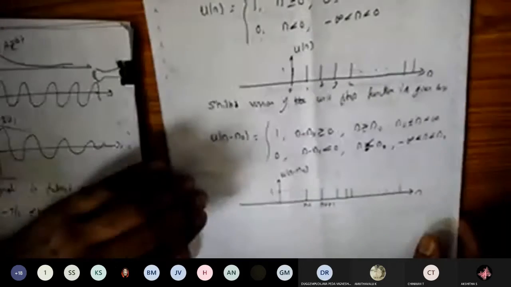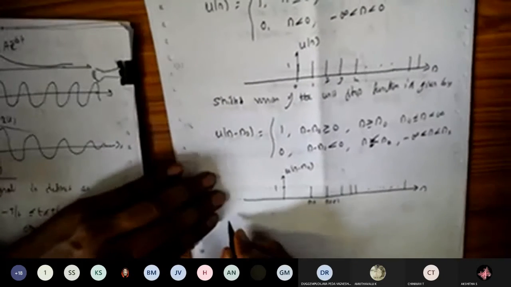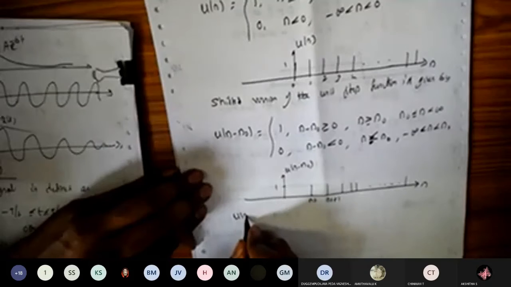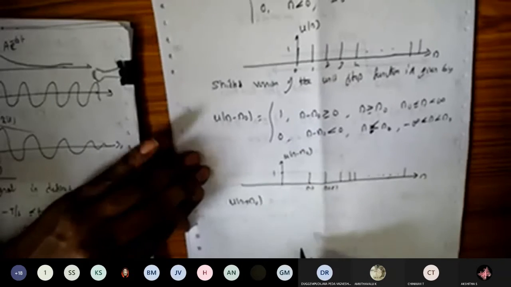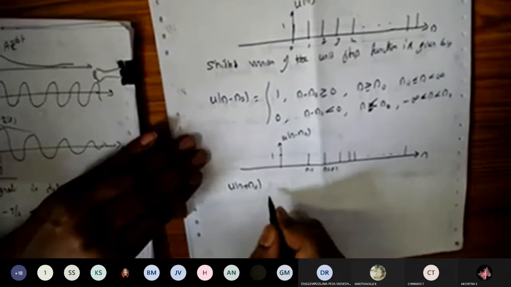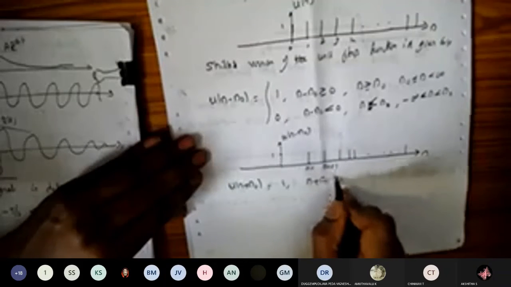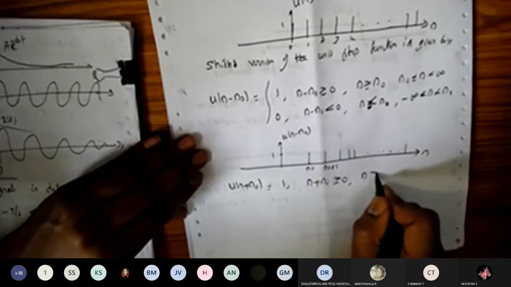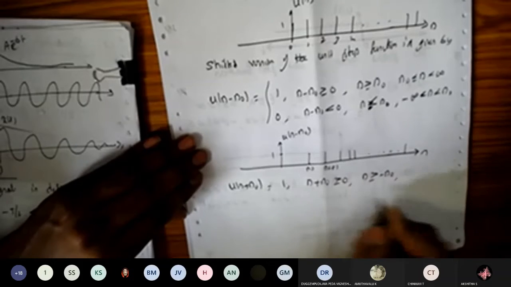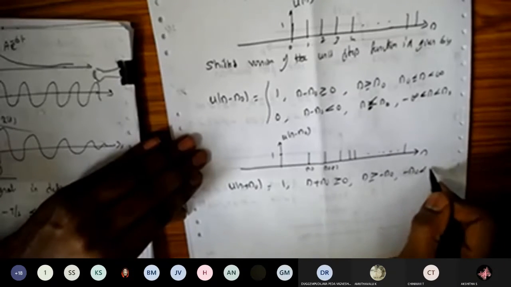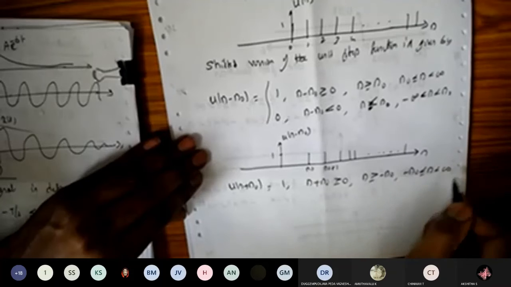Okay, so similarly we can have the left shifted version of the unit step function. Okay, that is u of n plus n naught. U of n plus n naught is equal to 1 for n plus n naught is greater than or equal to 0, or n is greater than or equal to minus n naught, or minus n naught is less than or equal to n is less than infinity.